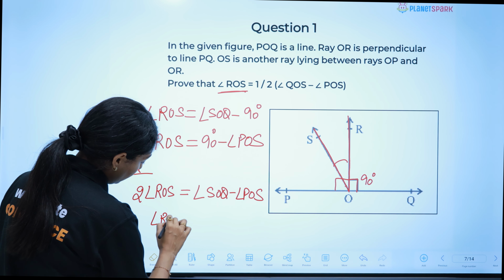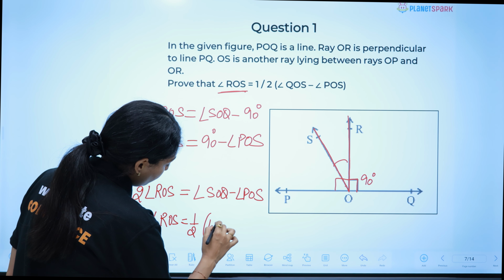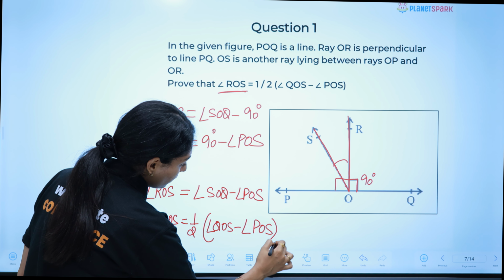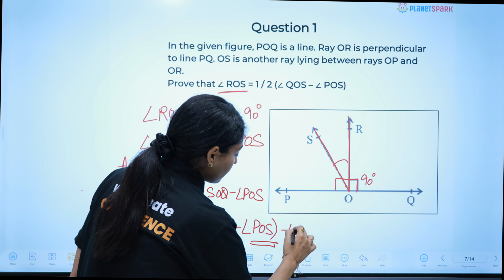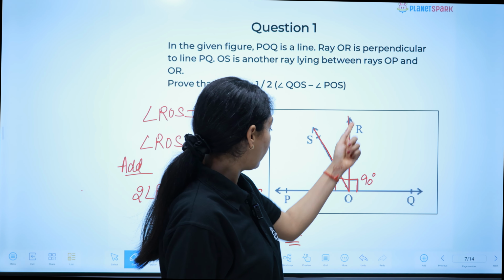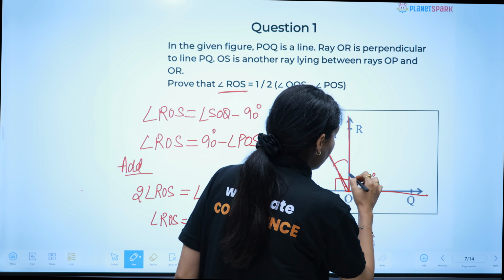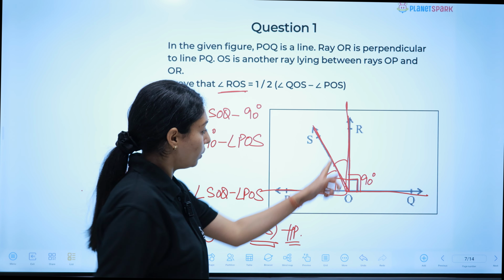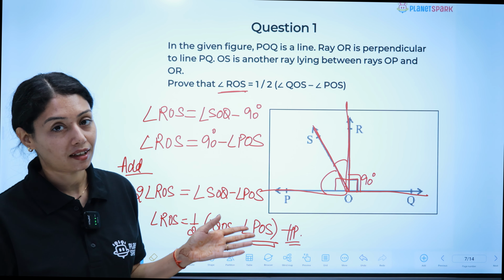So we have angle ROS is equal to half of angle SOQ और QOS. किसी भी ऑर्डर में लिख सकते हैं and POS. And that is the expression that we were supposed to prove. So we can say hence proved. तो क्या किया हमने? Simply we wrote this angle ROS in two ways, right? इस पूरे एंगल से ये 90 डिग्री subtract कर देंगे और from this angle we subtract this, so we have got this angle, right? In two ways we wrote it, we added the equations and we have our result.